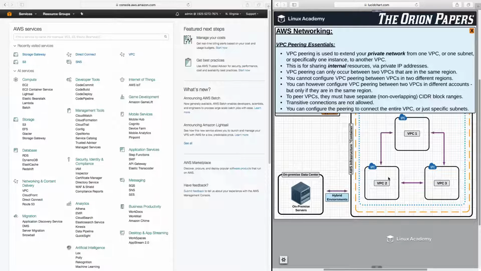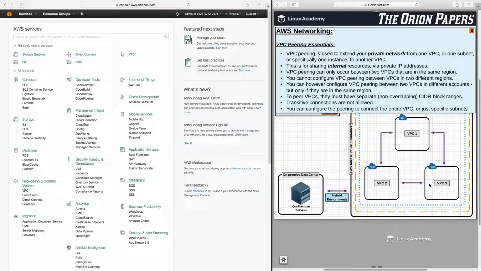So basically, VPC2 could communicate through VPC1 to VPC3, but that's not the case because transitive connections are not allowed in VPC peering. So for VPC2 to communicate with VPC3, it has to have a direct peering connection between the two.